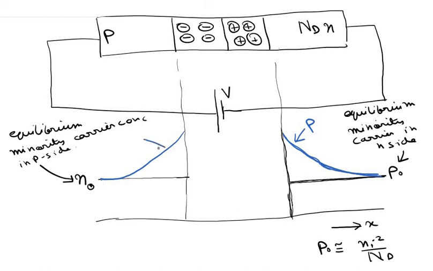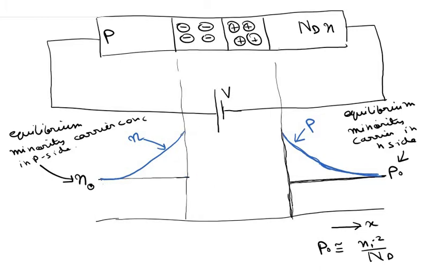Okay, so this is N. Just outside this depletion region, where the depletion region basically ends, we have an excess accumulation, a larger number of minority carriers, which are electrons in the P side.